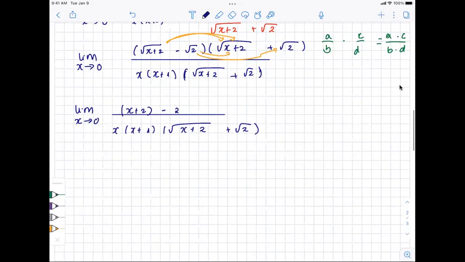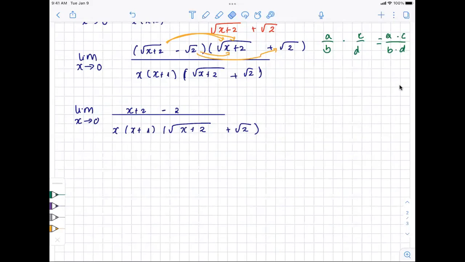For the numerator, there's no minus sign in front of the parenthesis, so you can basically take the parentheses out, because you don't have to distribute a negative sign.